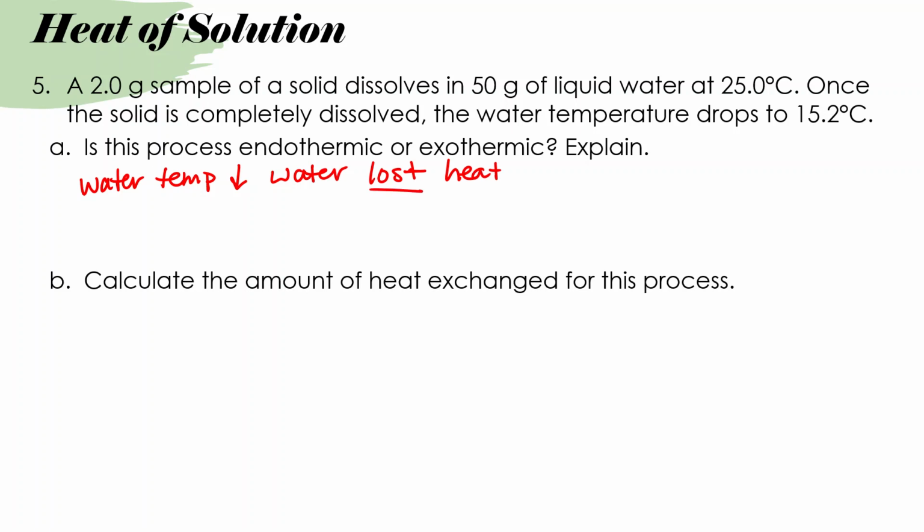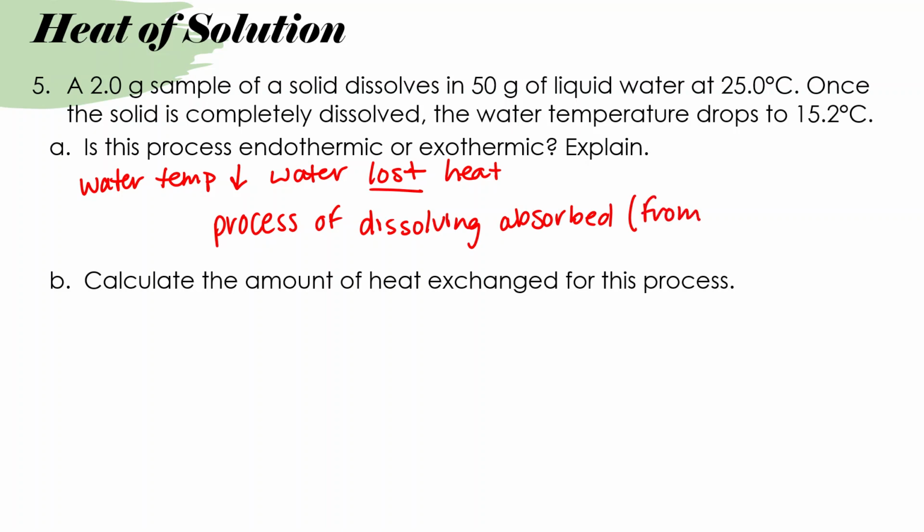So that must mean that the process of dissolving absorbed heat, and it absorbed that heat from the water. Since the process of dissolving absorbed heat, this will be an endothermic process.